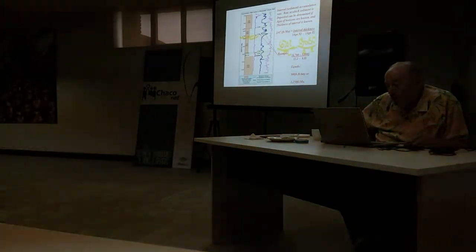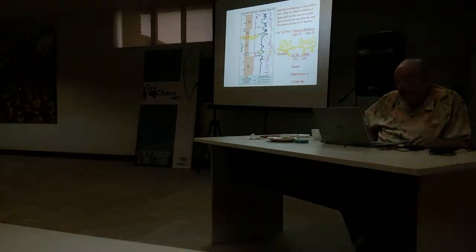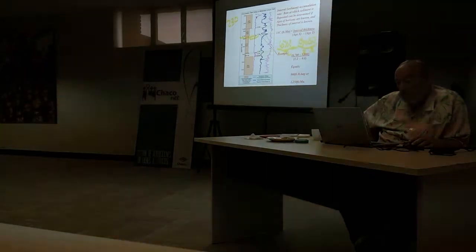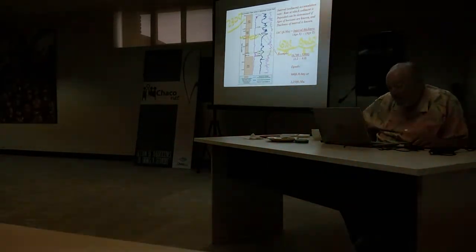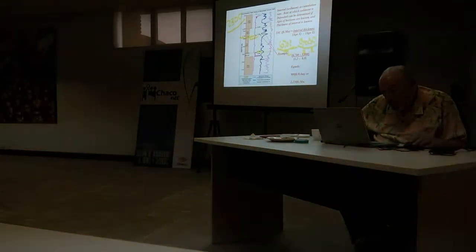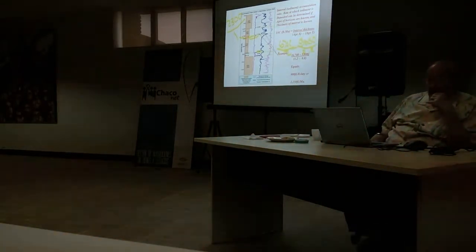So the interval thickness is going to be 2,300 feet, over a time span of 2.2 minus 1.2, or 1 million years, so that's 2,300 feet per million years.